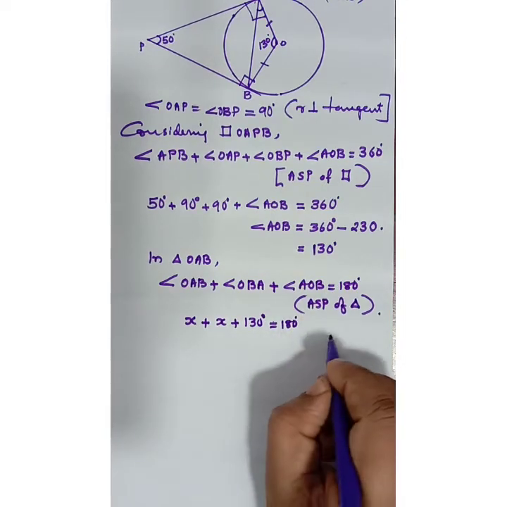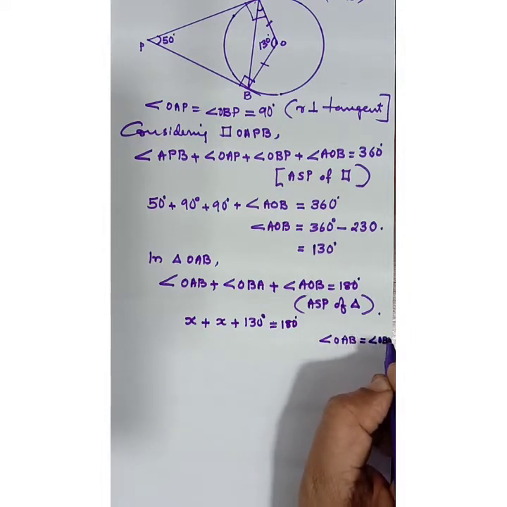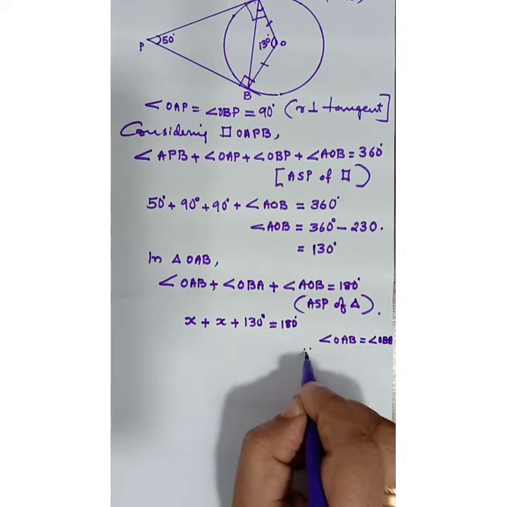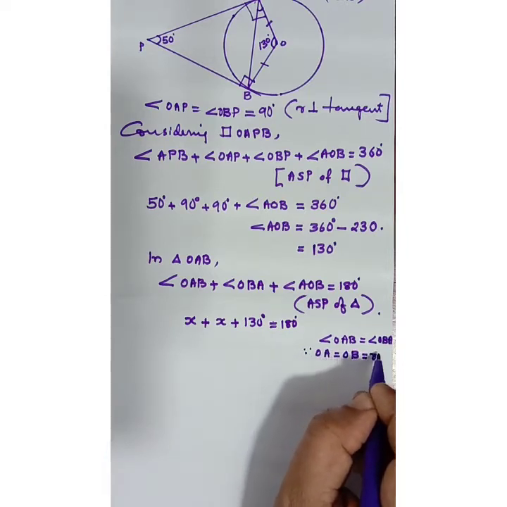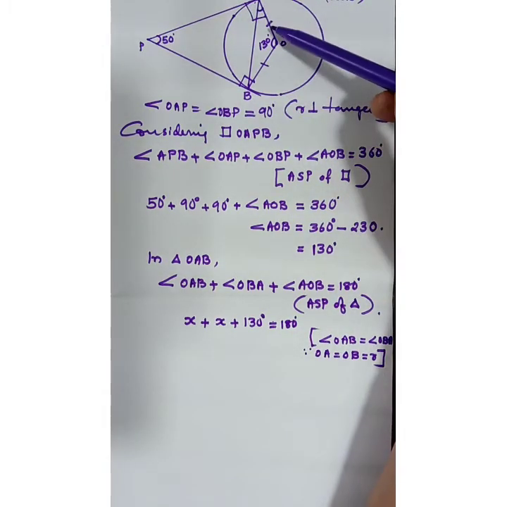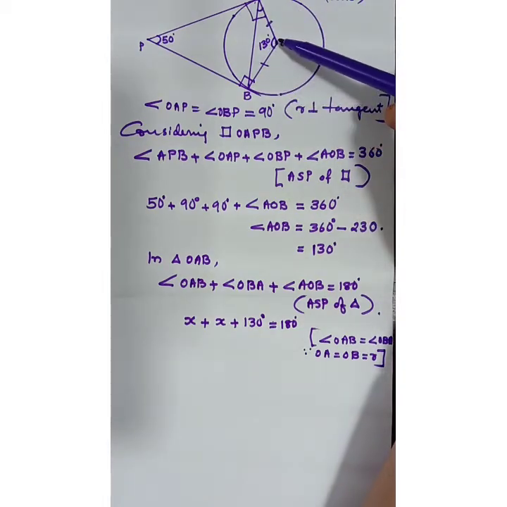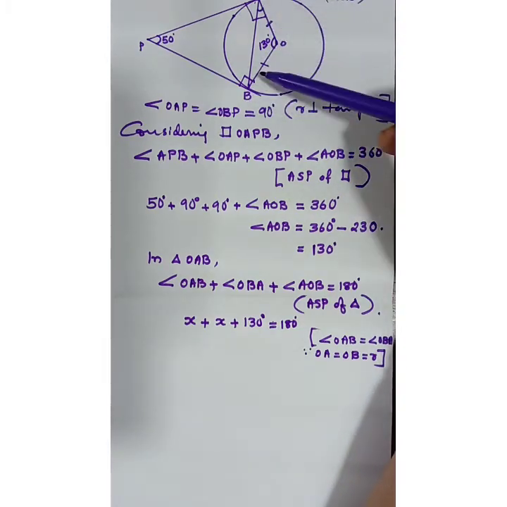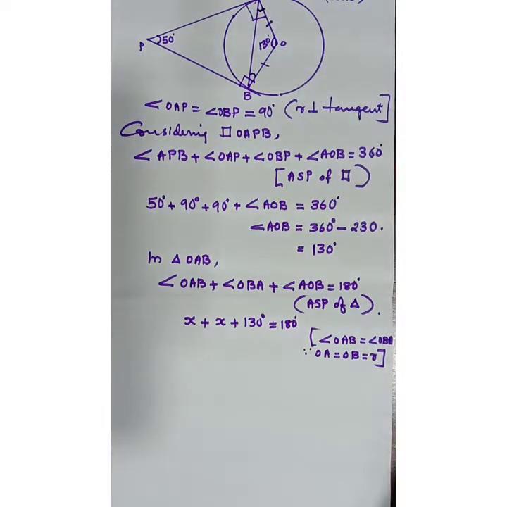Here you have to write angle OAB equal to angle OBA, since OA equal to OB equal to R. Since two sides OA and OB of triangle OAB are equal, the opposite angles are also equal. That is, angle OAB will be equal to angle OBA.